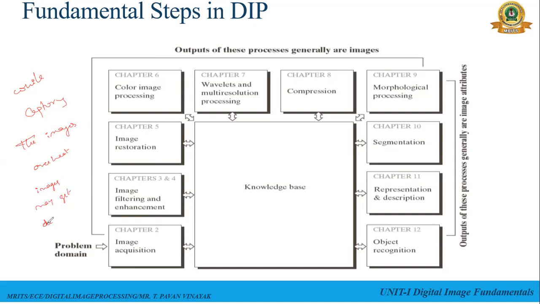This type of unwanted effect is known as degraded images. So there is a lot of difference between degradation and noise. In the third unit, we learn how to remove this degradation as well as noise. The entire third unit.